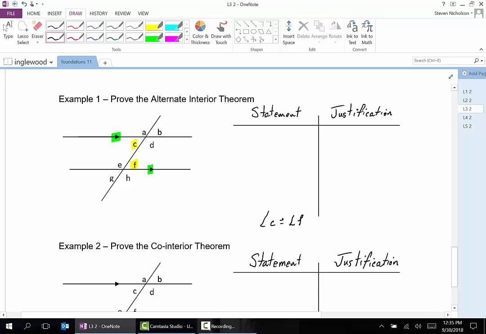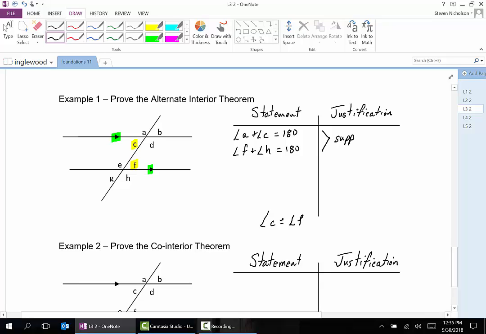So here's how we might try it. And again, there's more than one way to do it. So what I could say is angle A plus angle C is equal to 180 degrees. And I can also say that angle F plus angle H equals 180 degrees, and both of those reasons are supplementary.